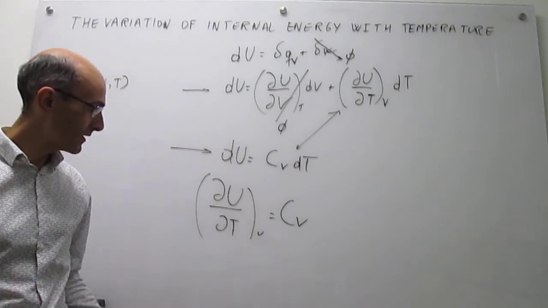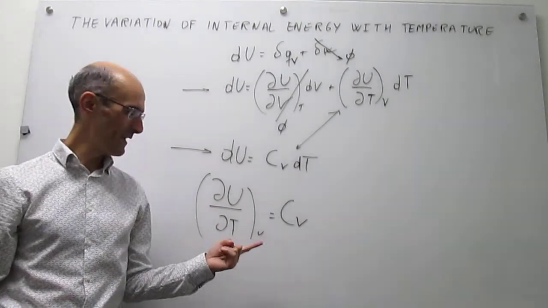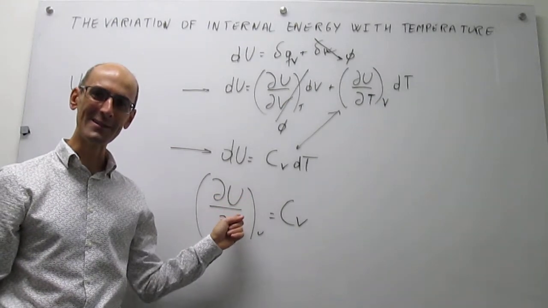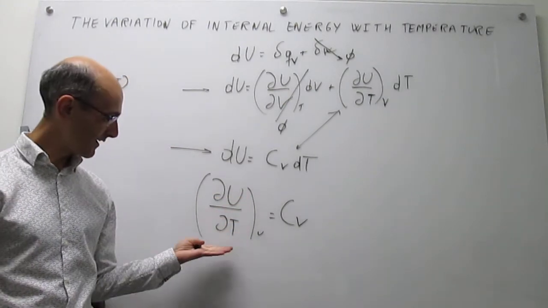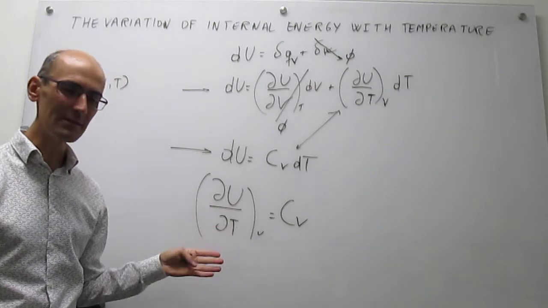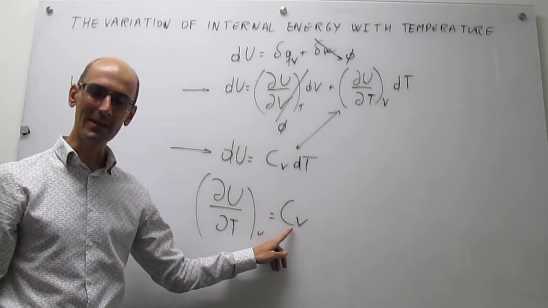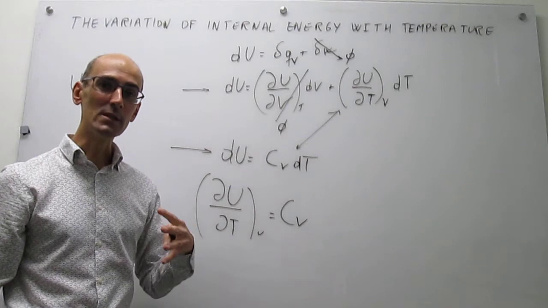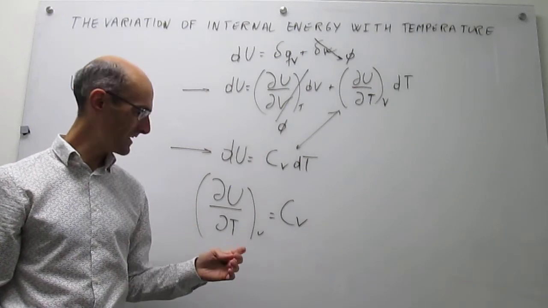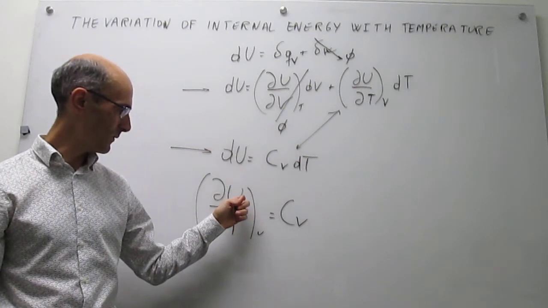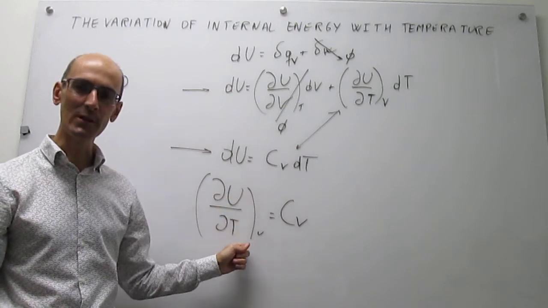This is very important because it tells you exactly how the internal energy depends on temperature. Because this is the first derivative, the heat capacity at constant volume is going to be the slope of a line tangent to the representation of the internal energy with respect to temperature.